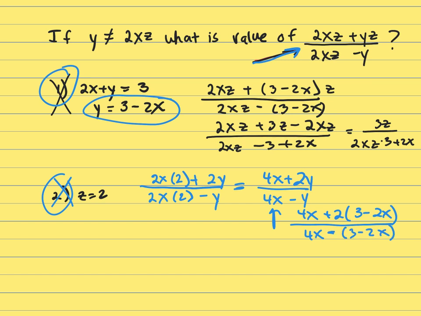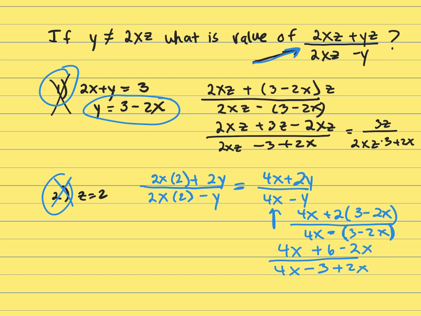You've got to keep up with these parentheses because you've got a minus sign in front of two terms. And that's not going to work. I can stop now and say nothing works. Your answer is going to be E. Nothing works. If I show my work, that's 4x plus 6 minus 2x all over 4x minus 3 plus 2x.